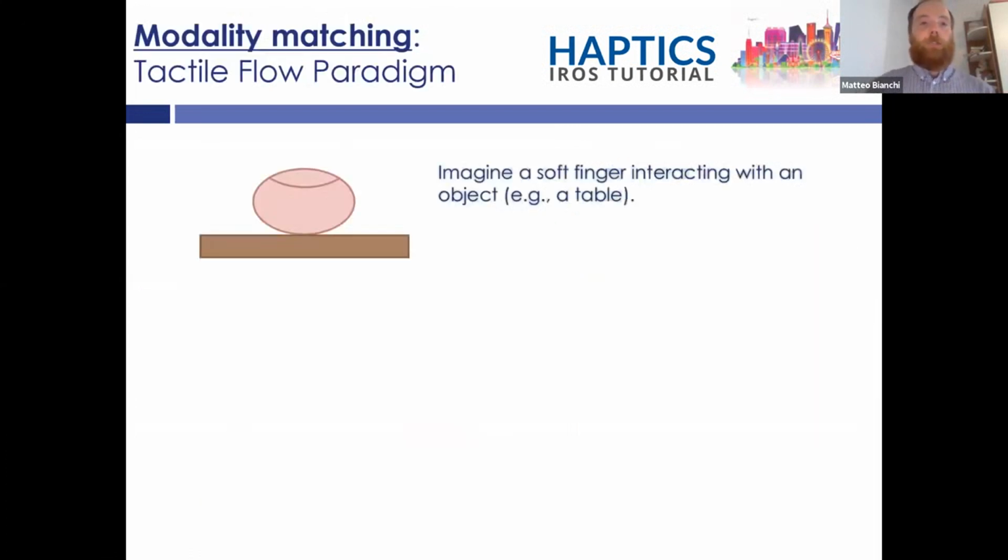So regarding modality matching, what I have previously discussed is that we have to try to produce some mathematical descriptors and abstractions of the complexity of human touch. And one possible hypothesis is the tactile flow.